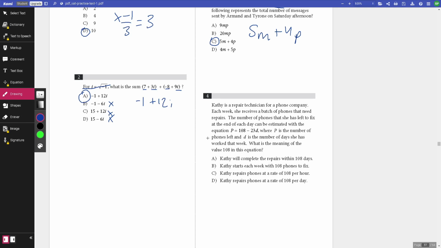So this equation here is in the form y equals mx plus b, and 108 is the b value, and the b value is the constant, which is like the starting point on the graph. So that means that it's a starting point, and this says starting, so it's B.